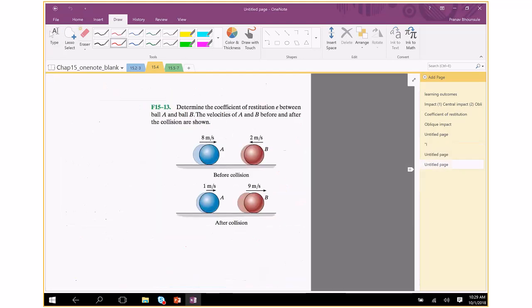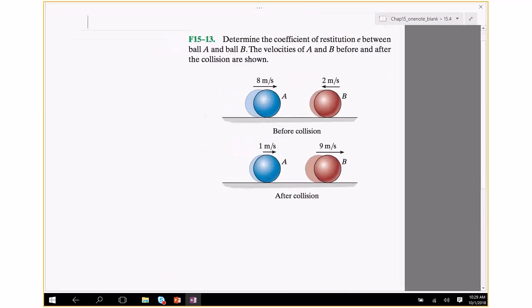Okay, so here is a question for you. And this is really a very basic question. It's asking you to find the coefficient of restitution between ball A and B. So E is always positive. Don't get a negative answer. You're given the velocities of A and B before impact on top, and the velocities of B and A after impact.